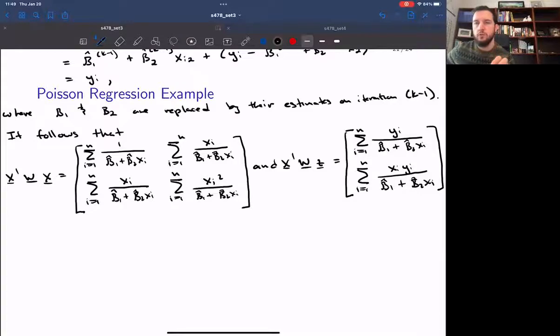So again, the purpose of this illustration was to show basically how you would go about deriving the left-hand side and the right-hand side of the expressions of this IWLS process. And again, there's a few things to take away from this. This would be a very simple situation where we have nice expressions for the derivatives that are of interest to us, and we have nice expressions for the mean function as well. So the way that the matrices work out is pretty straightforward.